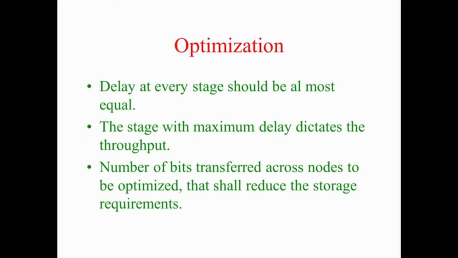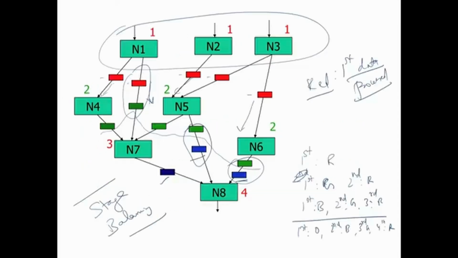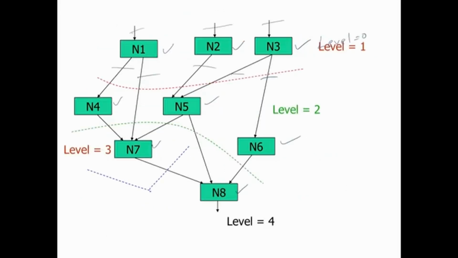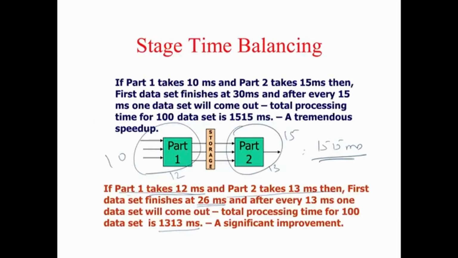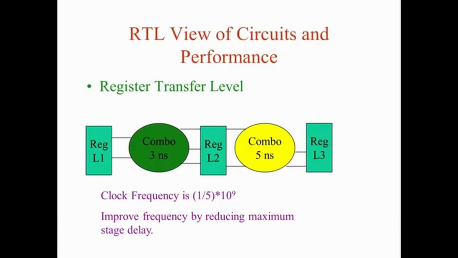The main thing is that we need to get the stages equal. So what happens is when we design the circuits, we design them in some hardware description language, and we do a process called synthesis of this circuit. What is synthesis?